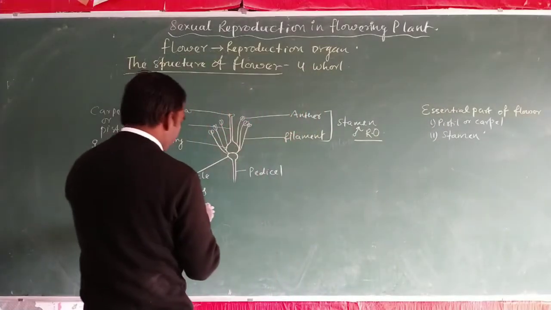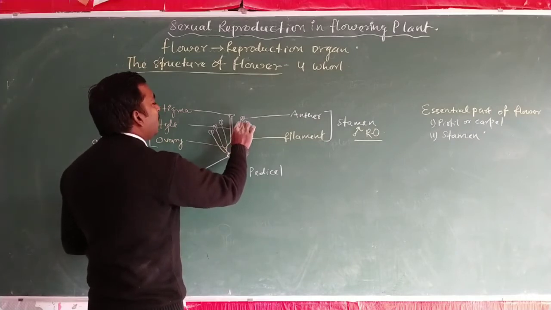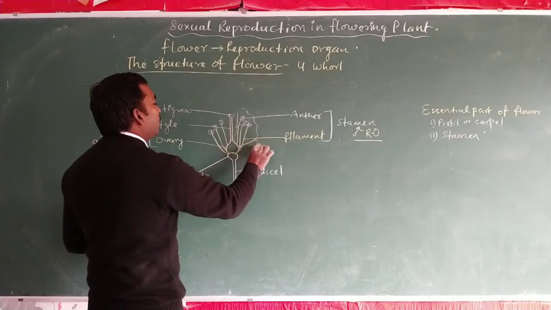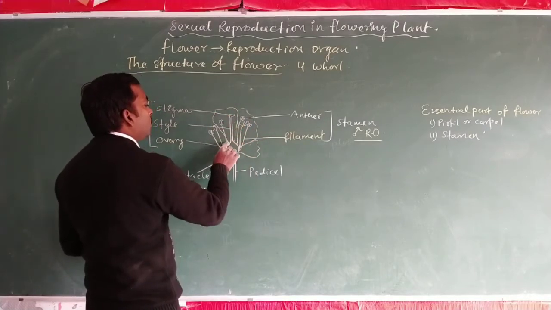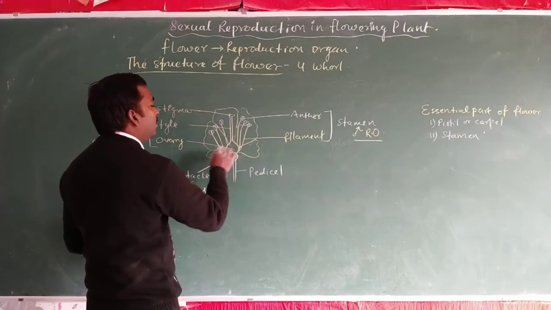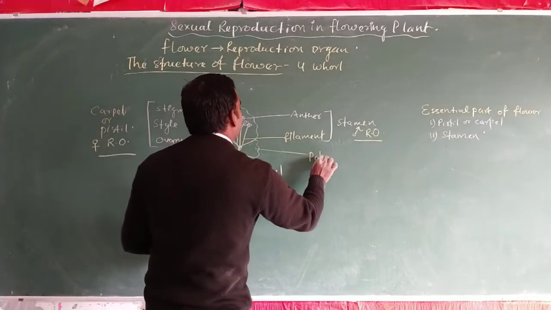Now we move towards the next part, and this part consists of the colorful, leaf-like structure, which is known as petals.